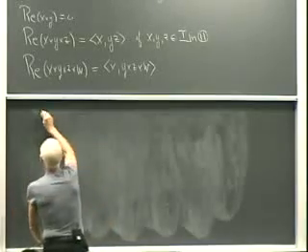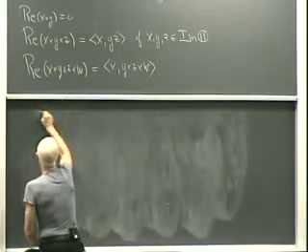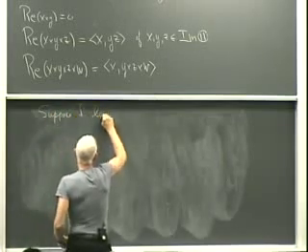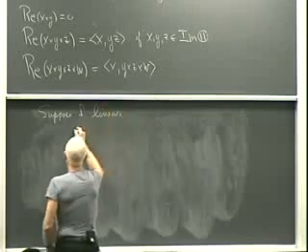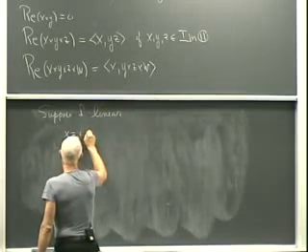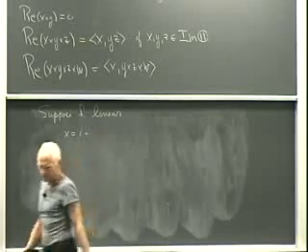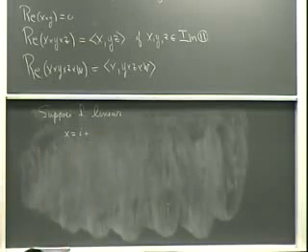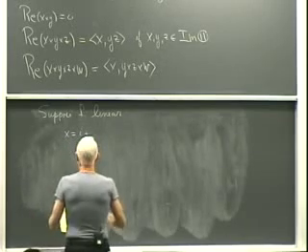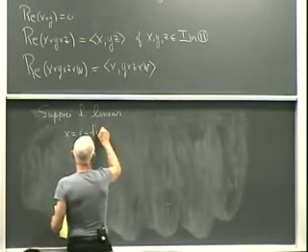It really suffices to suppose f is linear. And then we look at these vectors. x is equal to i plus f of i.